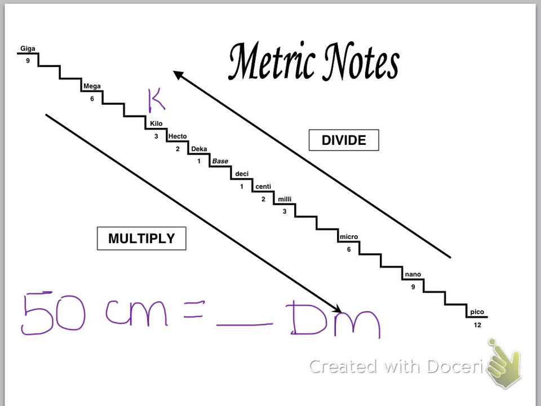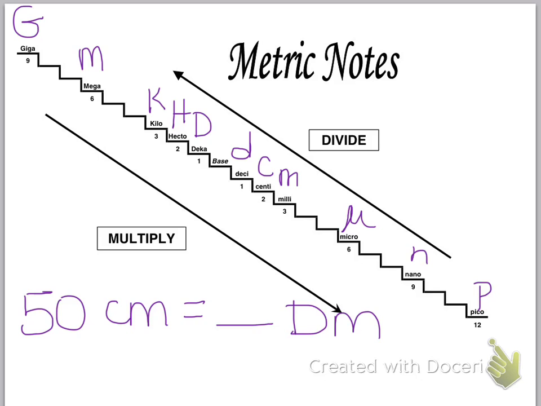Kilo is a K, hecto is an H. Deca will be a capital D. Base won't have one. Deci will be a lowercase d. Centi will be a c. Milli will be a little m, because mega will be a capital M. Giga will be a capital G. Micro is a weird one, it'll be like this fancy mu. Nano will be a little n, and pico will be a p. So those are some abbreviations to help you out.